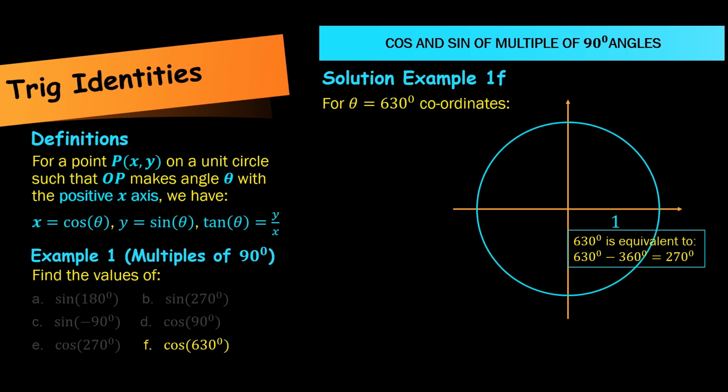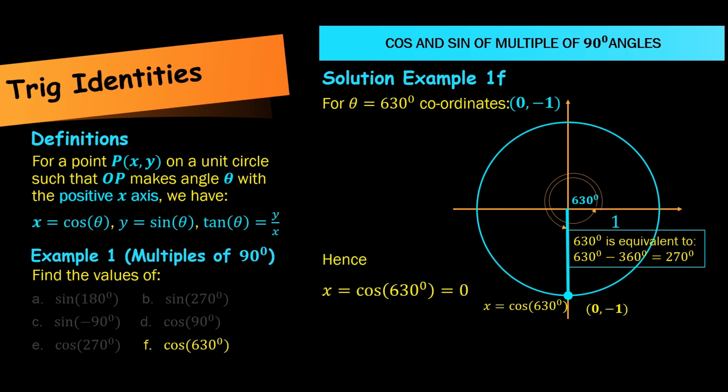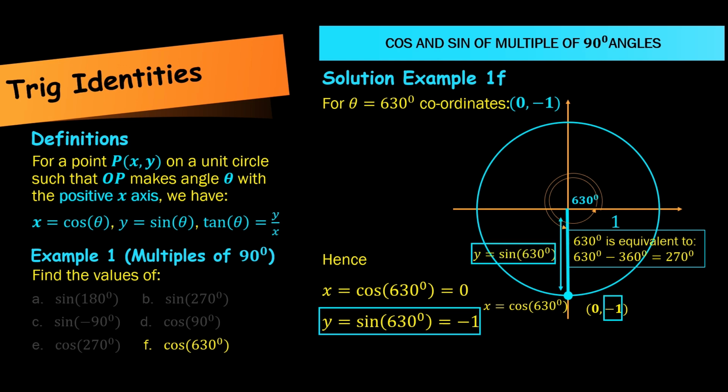So for theta equal to 630 degrees, we have the coordinates (0, -1) again. So x equals cos 630 degrees is equal to 0. And y equals sine 630 degrees is equal to minus 1.